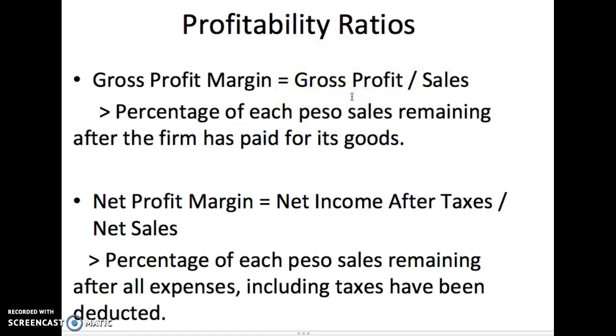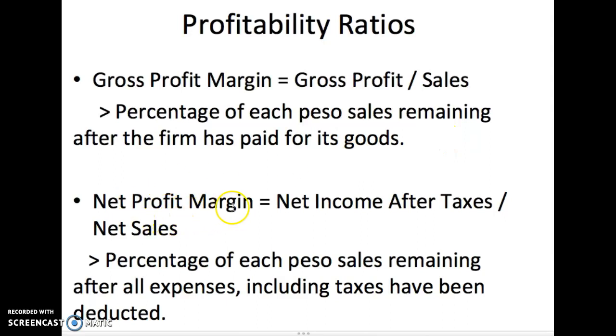This can be computed by net sales minus cost of goods sold. You get gross profit. So instead of having the peso value, we convert that peso value into a percentage to see how much we get from the sales and after considering the cost of goods sold.